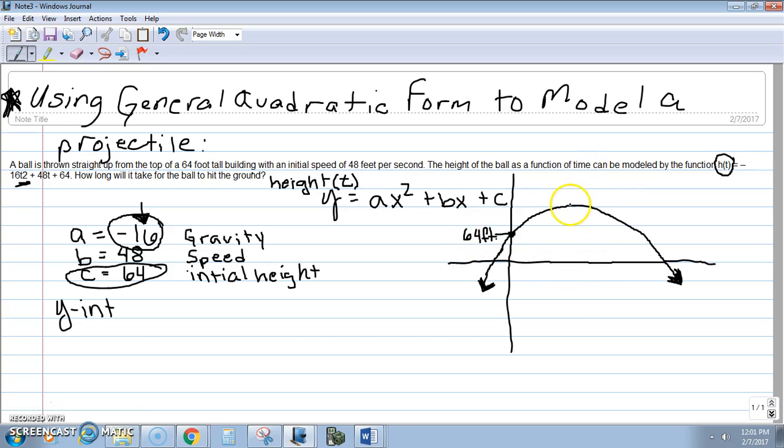Okay, we're going to have a maximum number here. And then this, where our height is 0 again, this is where it hits the ground.